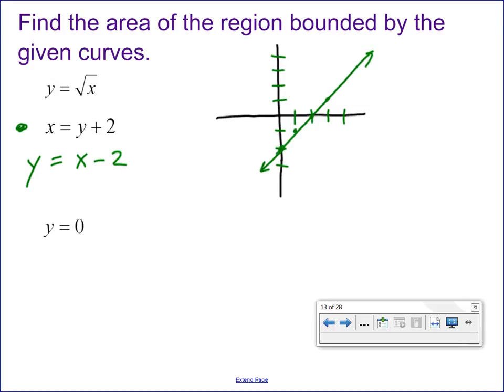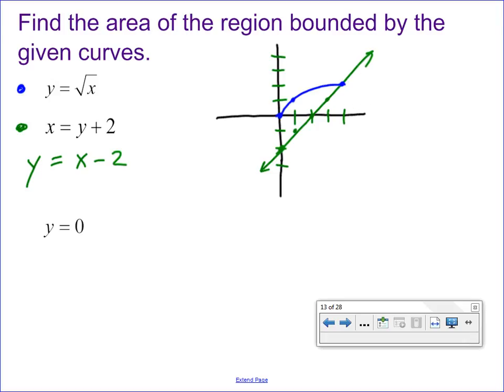Y equals the square root of x is restricted to only to the right of the y-axis because it only accepts non-negative input values. So (0, 0), (1, 1), (4, 2). Our square root of x function curves back down.